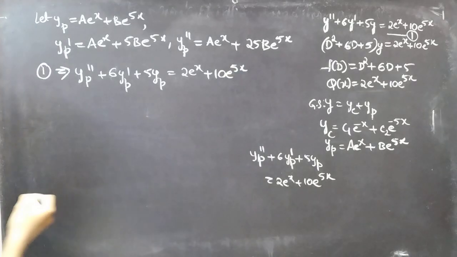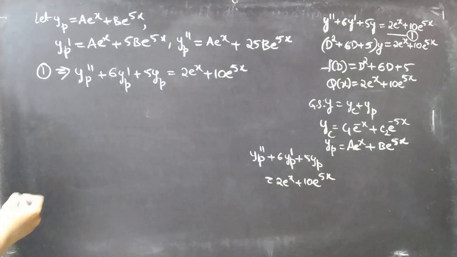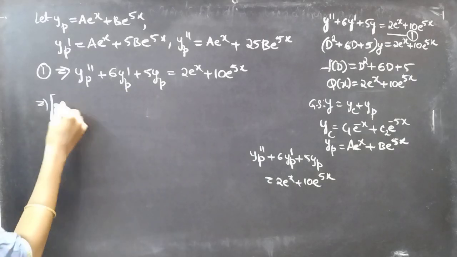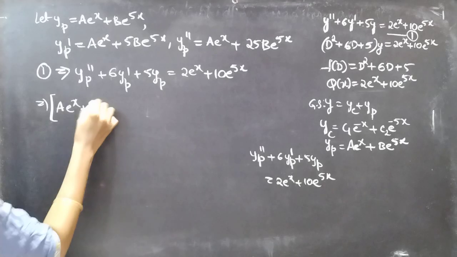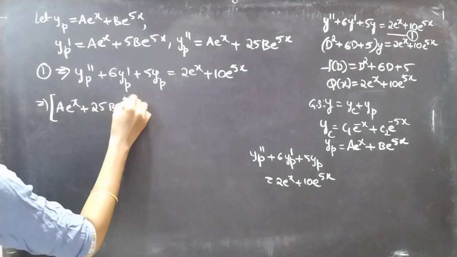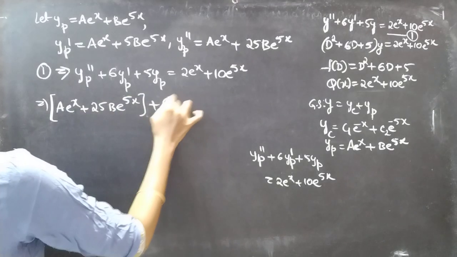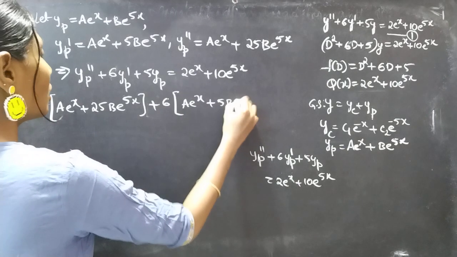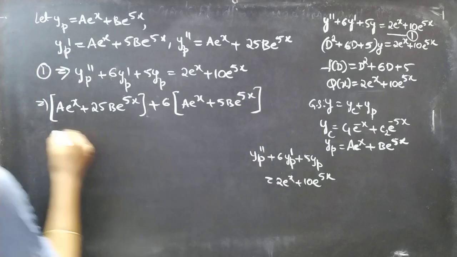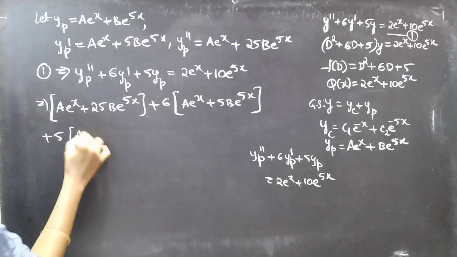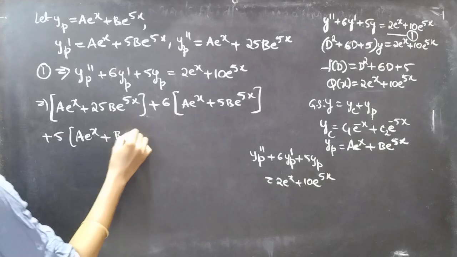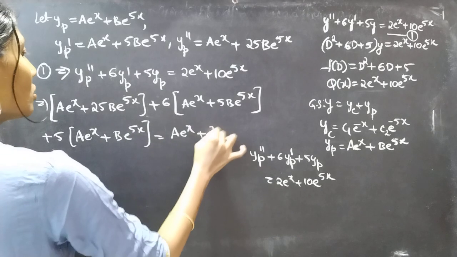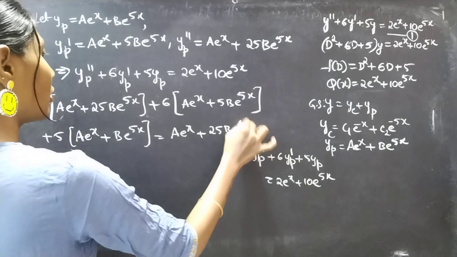Now write the values of yp, yp dash and yp double dash. We'll get a e power x plus 25b e power 5x, plus 6 times yp dash, a e power x plus 5b e power 5x, plus 5 times yp, a e power x plus b e power 5x, equal to the right-hand side.